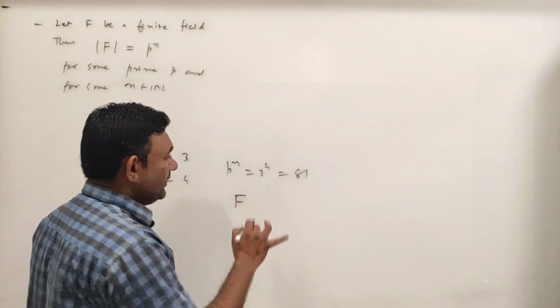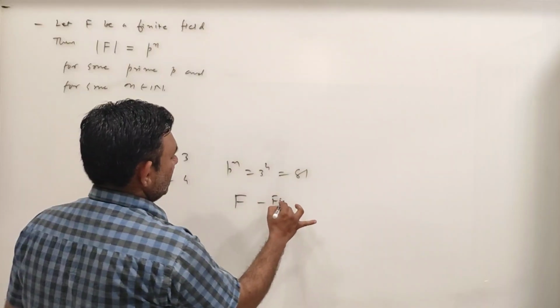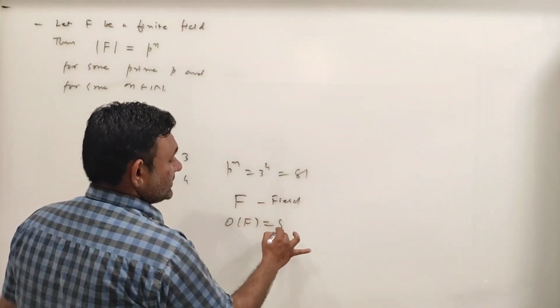So let me say F is a field and the order of F is what? It is 81.